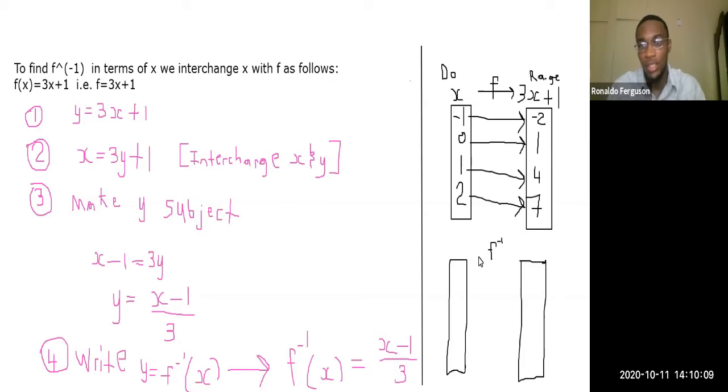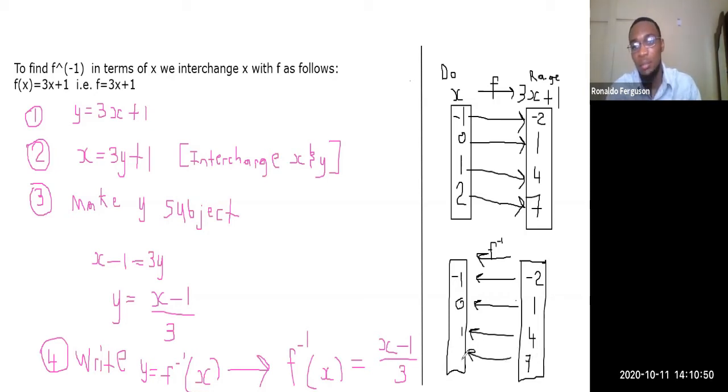So the arrow is going to point in this way, where I map the range. It's going to map negative 2 onto negative 1. 1 is being mapped to 0. 4 is being mapped to 1, and 7 is being mapped to 2.